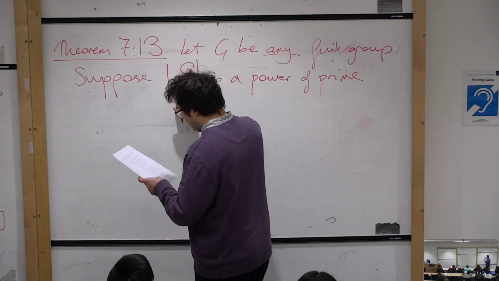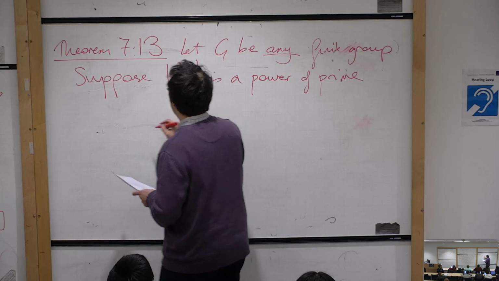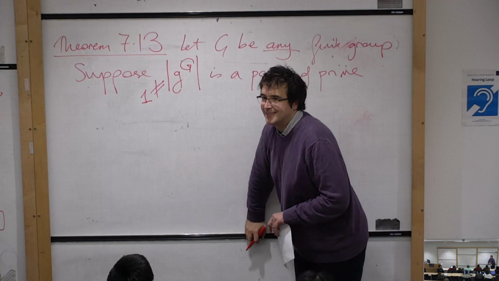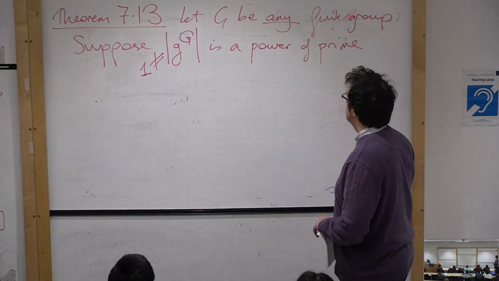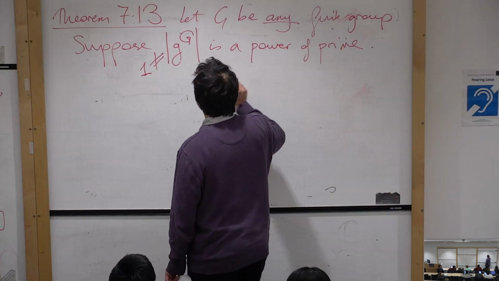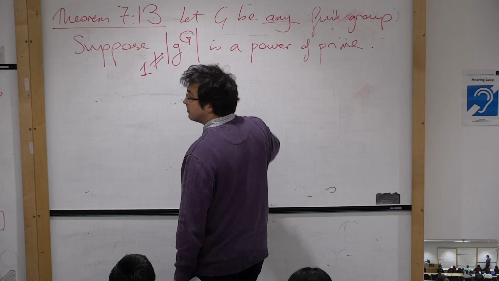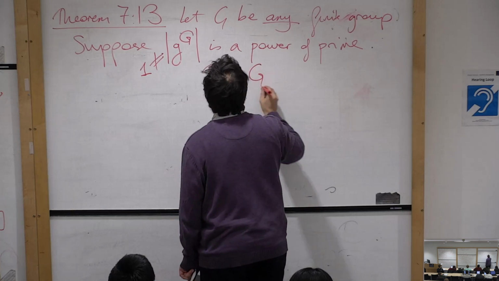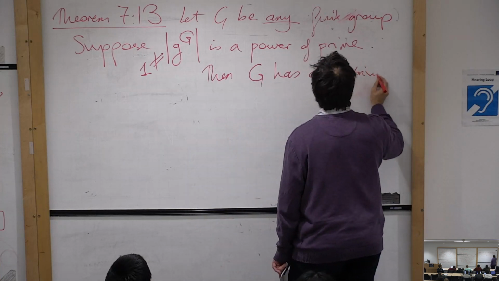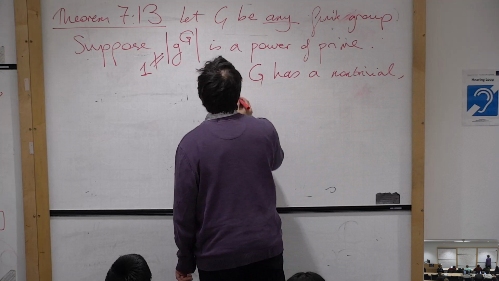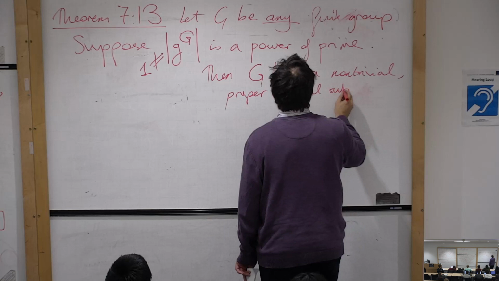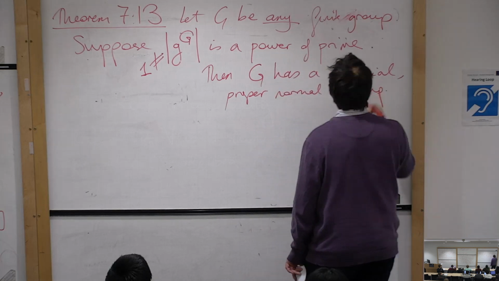And you have to assume that this is not something stupid, I mean, you could always have a central element, then it's stupid. If you have a non-trivial prime power, then we're going to see using character theory, this is where the representation theory comes in, that G has a non-trivial proper normal subgroup. So it's not a finite simple group.